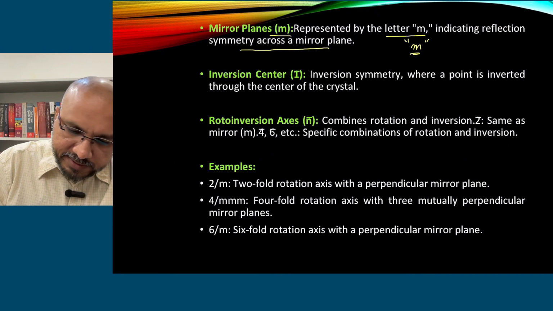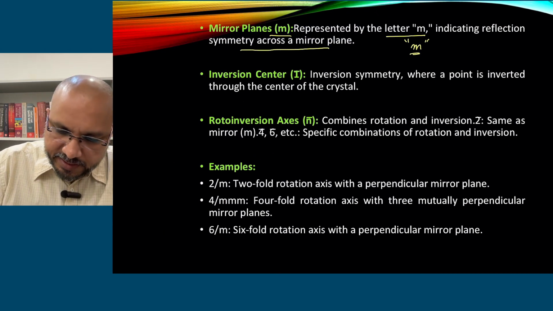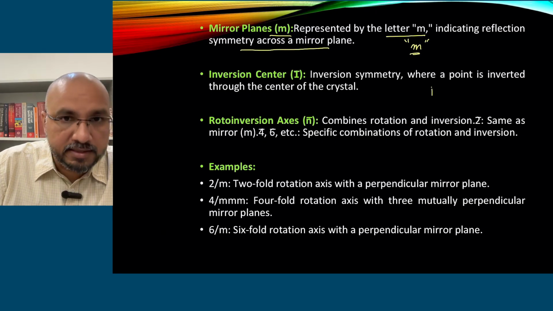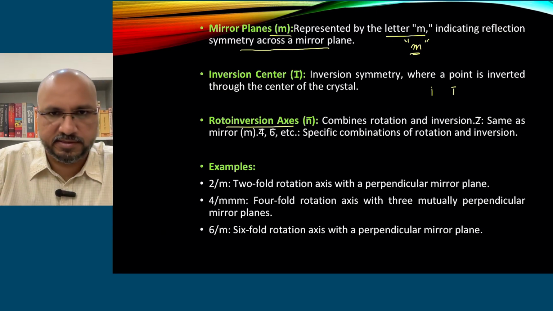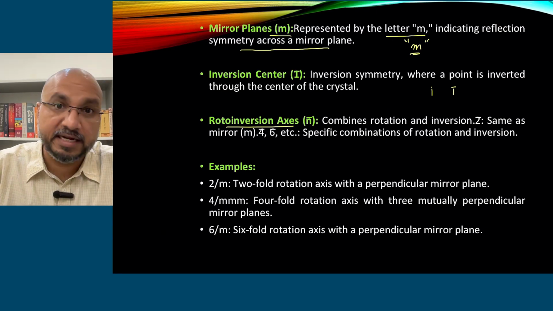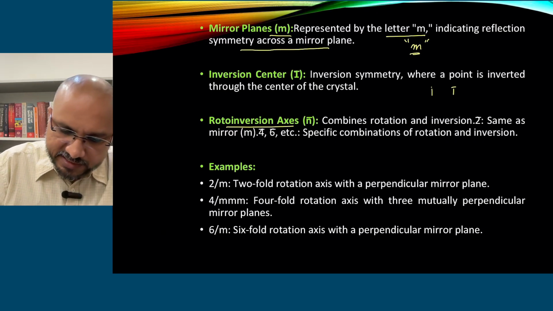Inversion symmetry, where a point is inverted through the center of the crystal, is represented by i, or i bar. Then the roto-inversion axis: both rotation and inversion are happening at the same time.